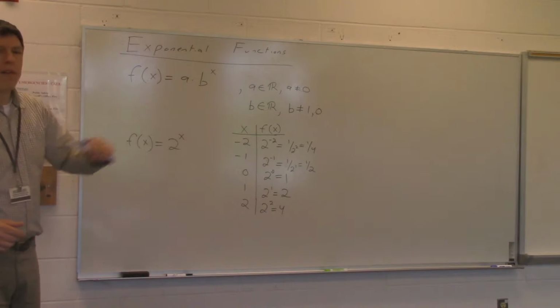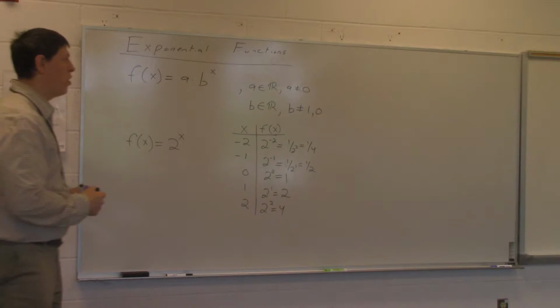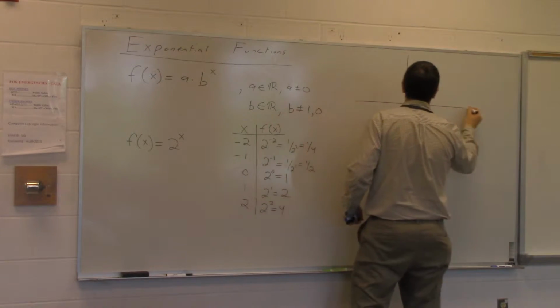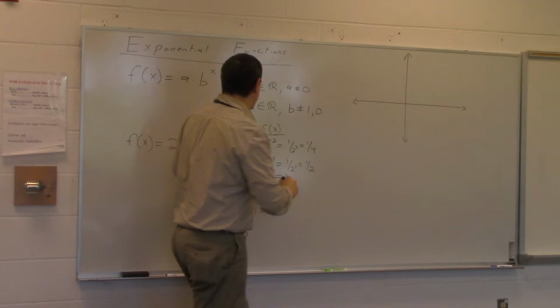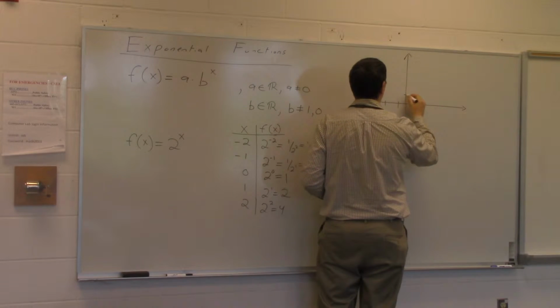Let's go ahead and graph this function and see what the function looks like, and then maybe start to talk about some of the key characteristics of the function. Here's my Cartesian plane. I'm going to quickly plot the points. -2, 1/4, left 2, up 1/4.